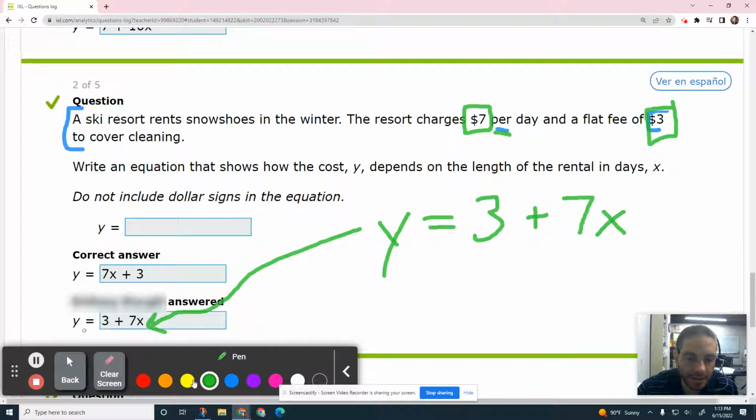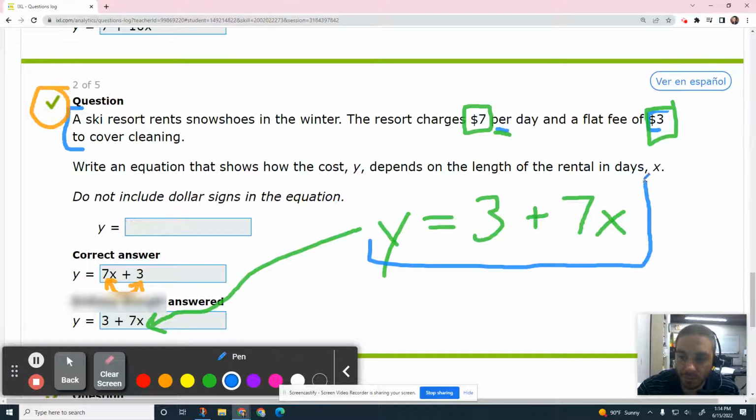And even though it says the correct answer, they rearrange them the other way around. You'll notice here that they have a check mark. You got it right. Having them arranged the way that you've written them, I personally would prefer.